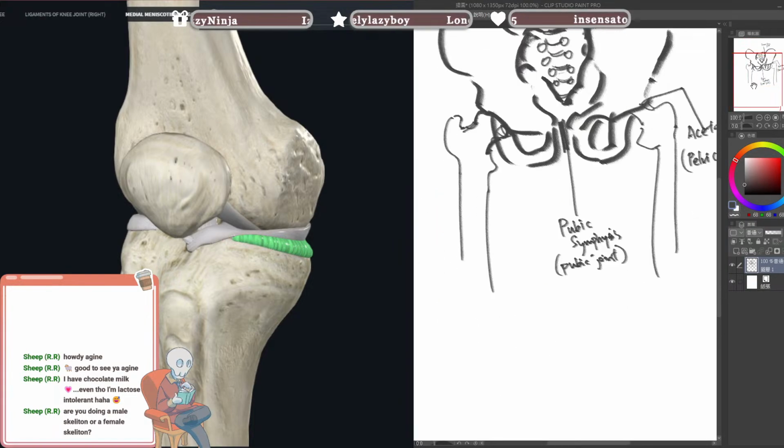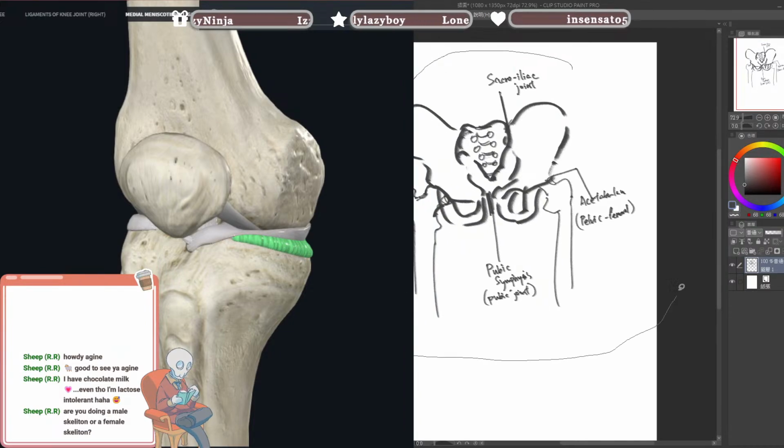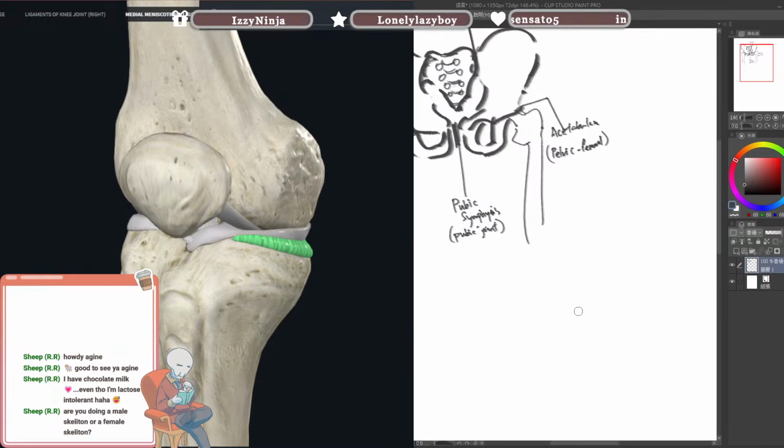Let's see. So big. Smaller, I need space. And this is the knee. Just imagine this is a very funny looking knee. The upper part is the femur.